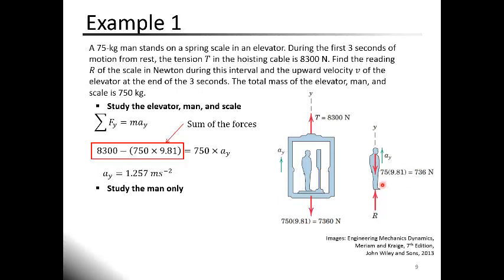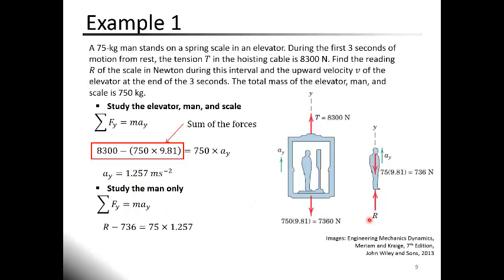Again, the person is moving upwards with the same acceleration a sub y because he is inside the cabin. So we apply the same equation. The resultant force in the y direction, or the sum of the forces in the y direction, is equal to the mass multiplied by the acceleration in the y direction. In this case, we know the value of the acceleration in the y direction from the previous step here.